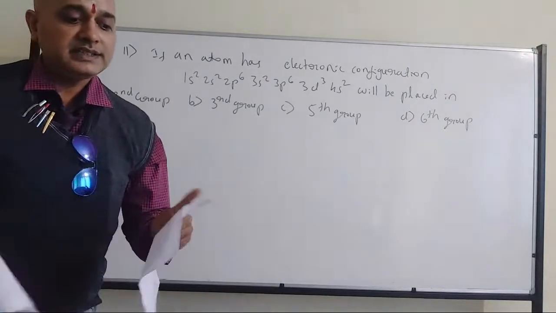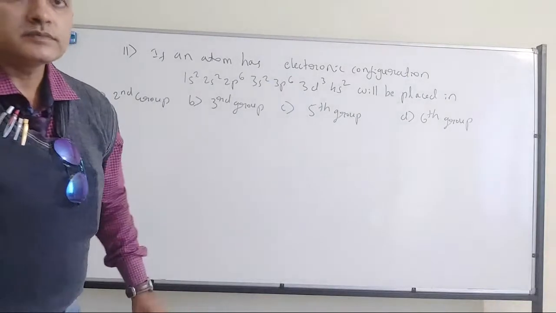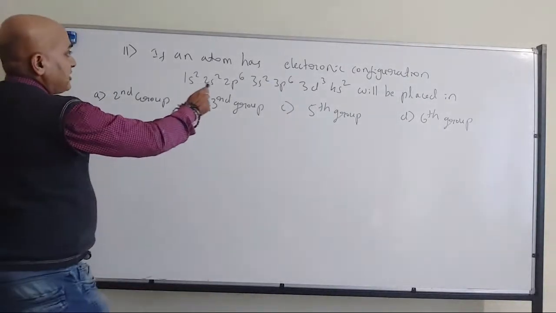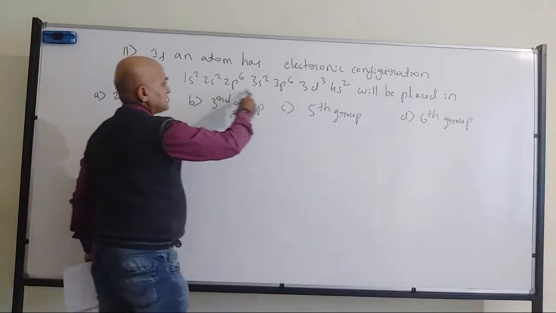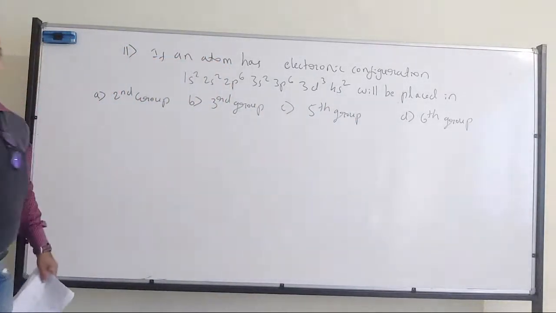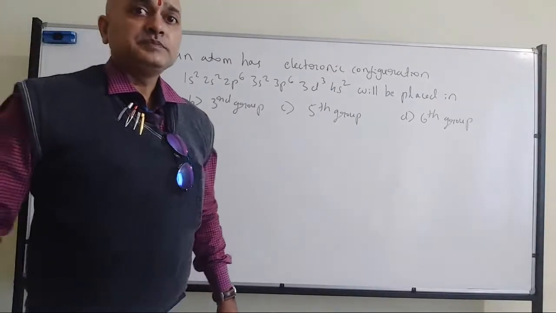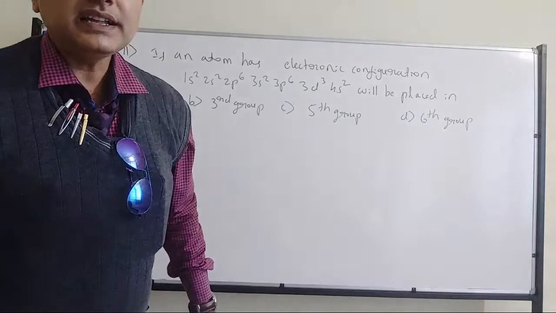It's easy. In an atom with this electronic configuration, which they have given, in which particular group will it be placed? Don't see other electrons.